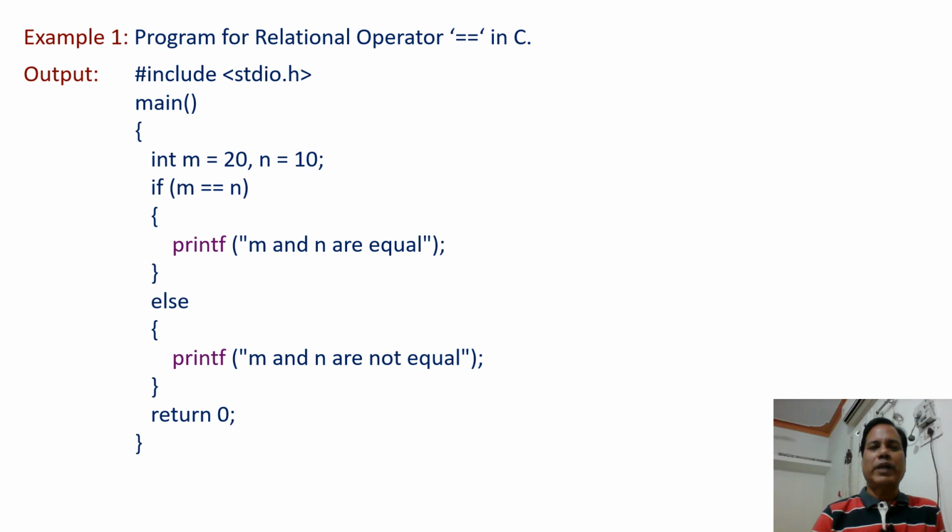Then main, open and close parenthesis. Within the braces we write our code, that is called the body of the function.